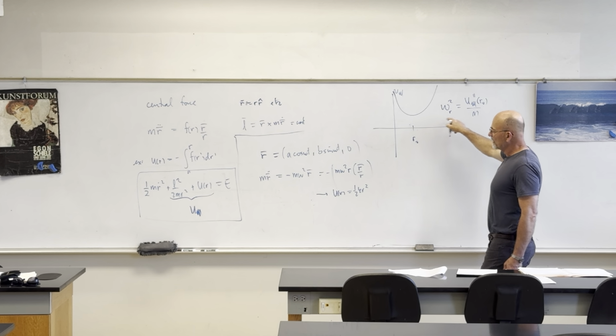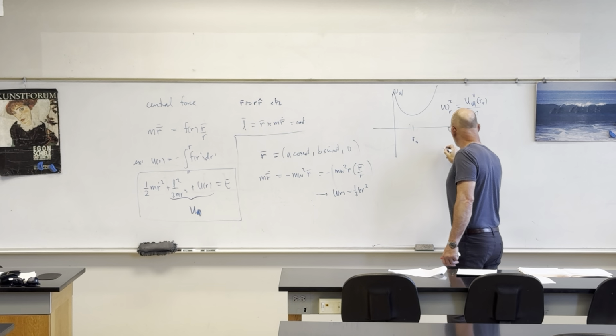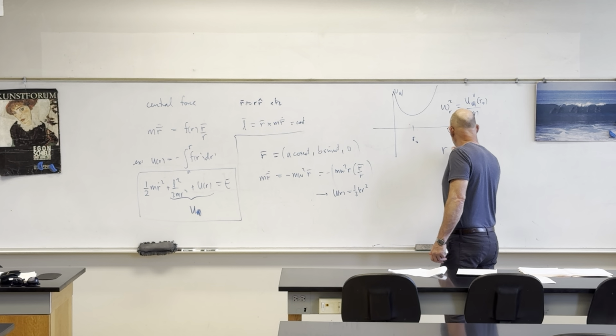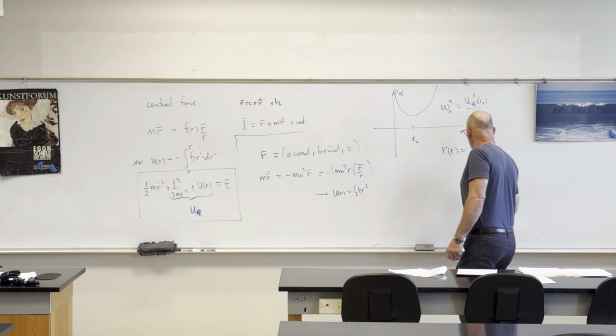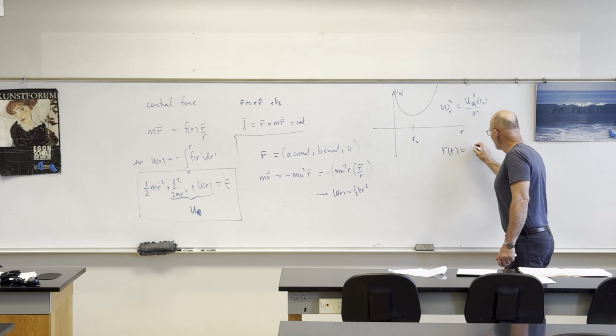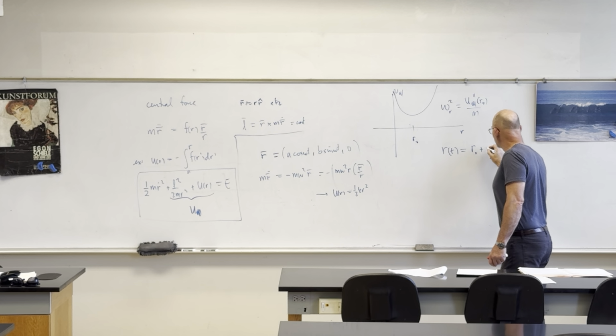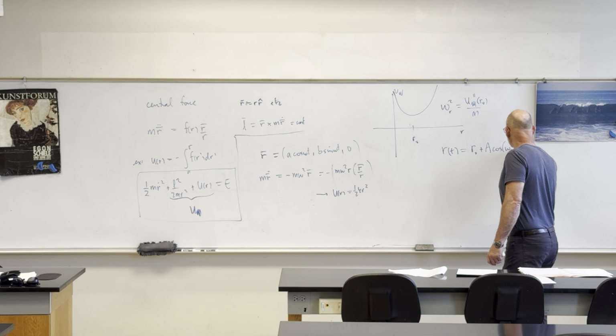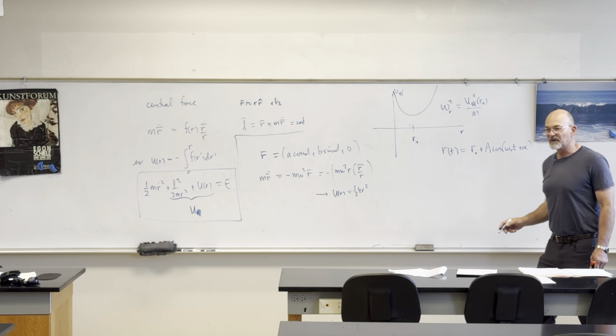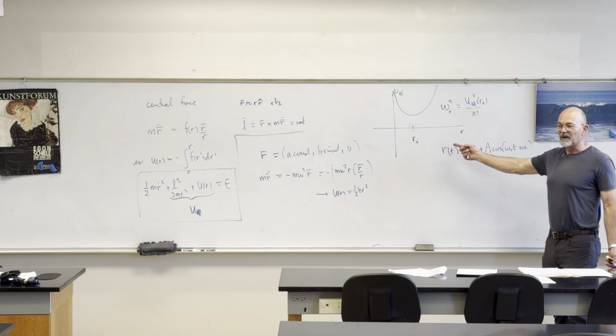And in fact, you could say r of t equals r naught plus some constant cos omega sub r t plus something else. If you just want to write that down, or you can just say, yeah, this is a small oscillation problem.